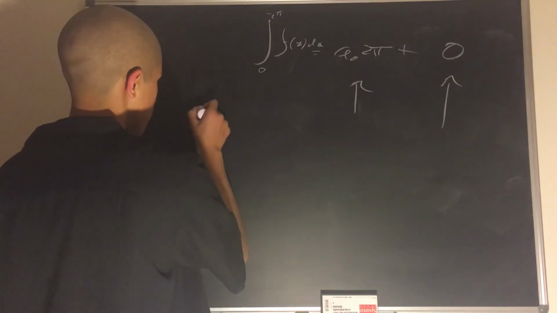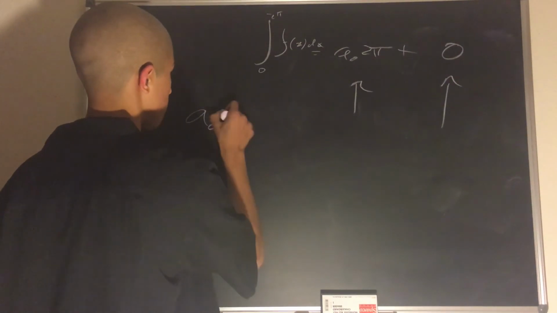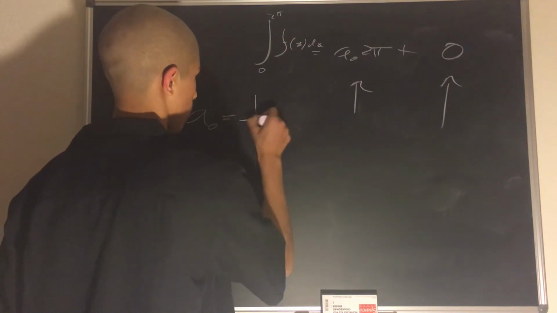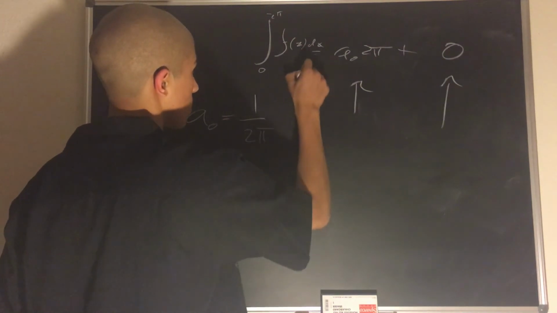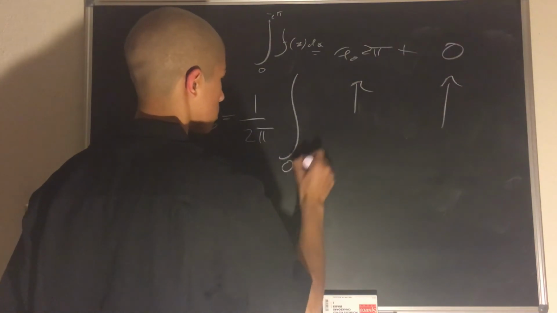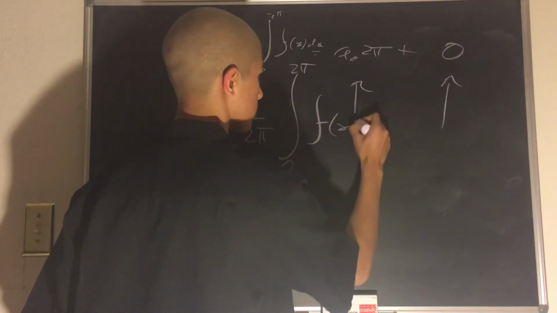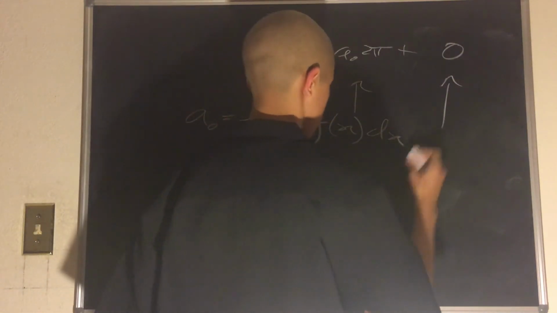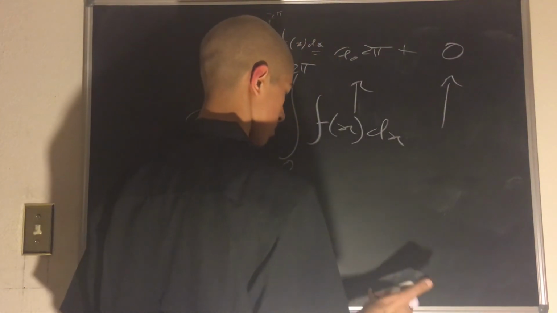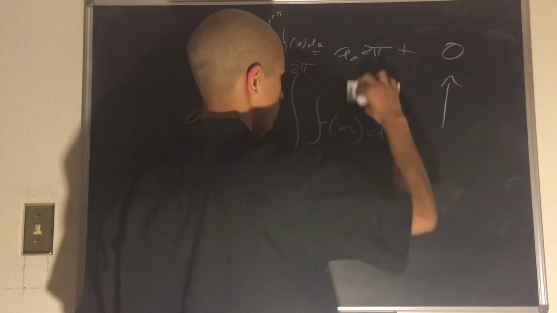And that then implies that a0 is equal to 1 divided by 2 pi, multiplied by the integral from 0 to 2 pi of f of x dx. And let's erase our arrows here.